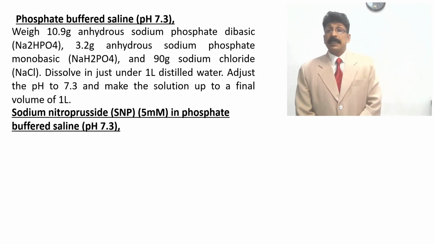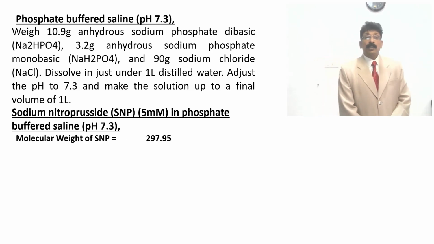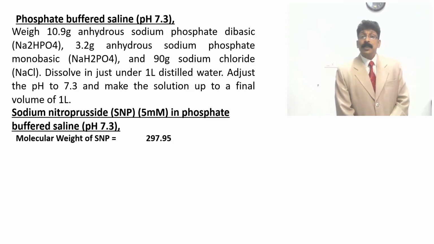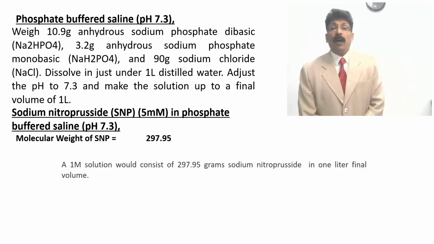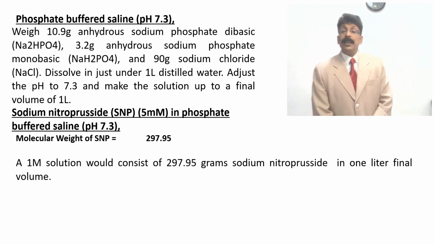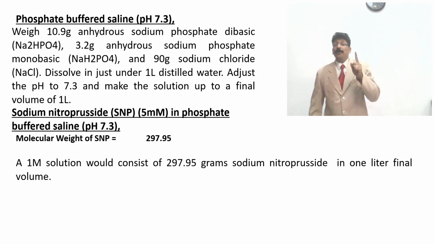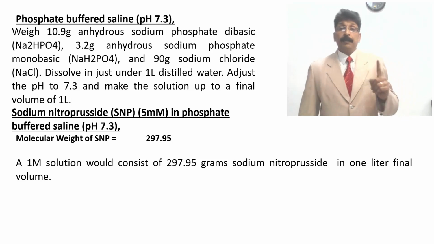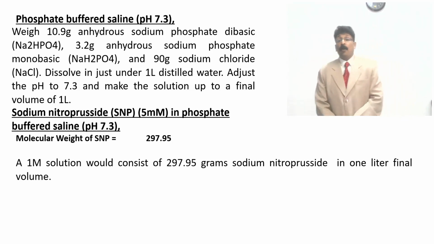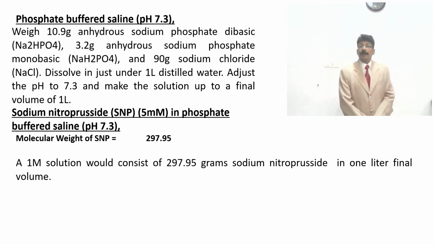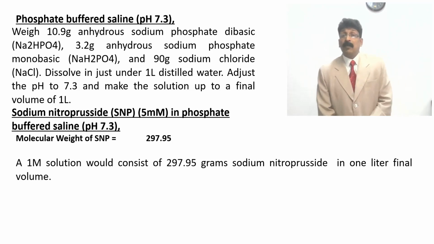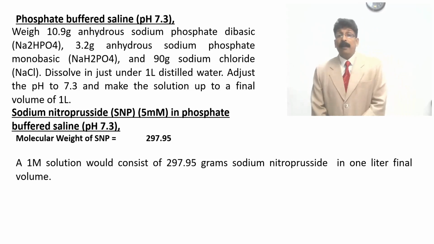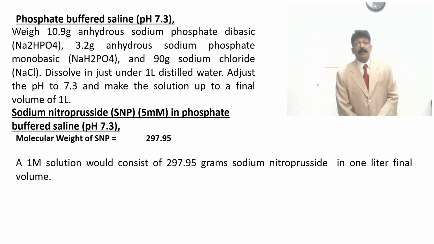The pH should be 7.3. The molecular weight of sodium nitroprusside is 297.95. For a 1 molar solution, we have to weigh 297.95 grams of sodium nitroprusside in 1 liter of distilled water, or here the phosphate buffer, and then we can say it is 1 molar.